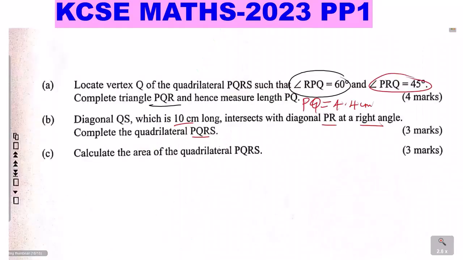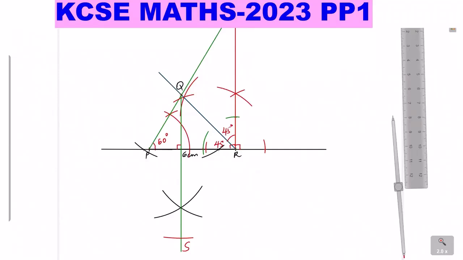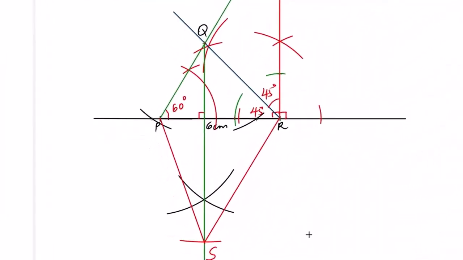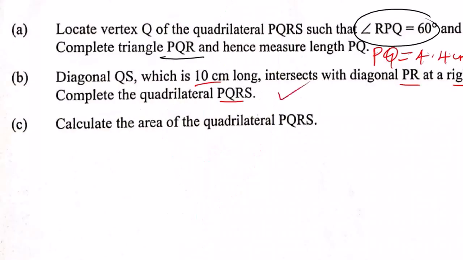Then from there, complete the quadrilateral PQRS. So to do that, you simply join on a straight line. From P, join P to S, and then using a straight line, R to S. Simple as that. Now you have the complete quadrilateral PQRS, and QS is 10 centimeters. So we are done with that.